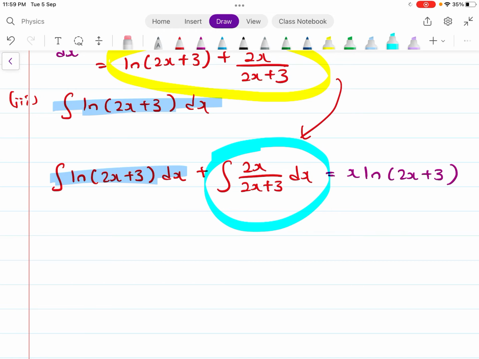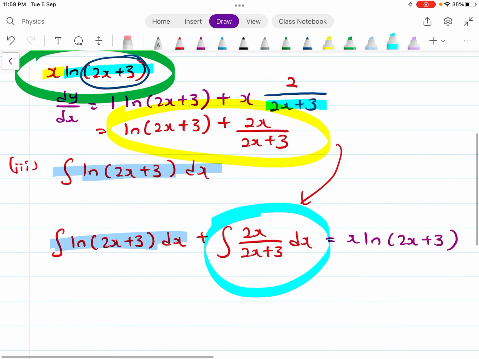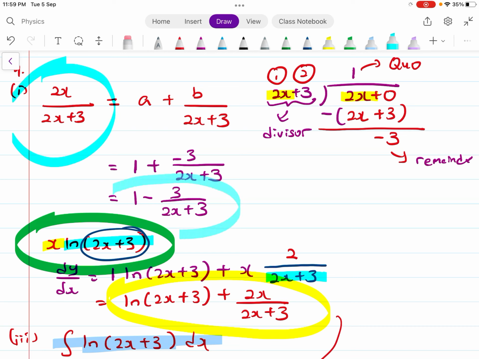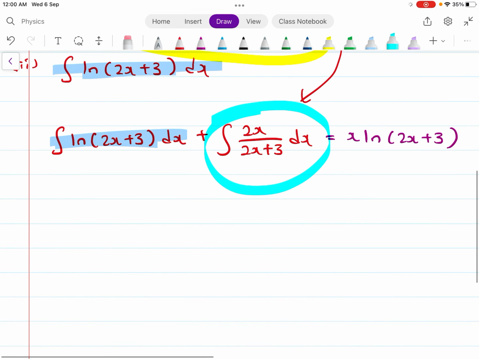Okay, part 1, if you look at part 1, go back to this part 1. So part 1 is this, right? So of course, I can actually make it into something like this. 2x over 2x+3 is actually equal to 1 minus 3 over 2x+3. So let me just put it back here.